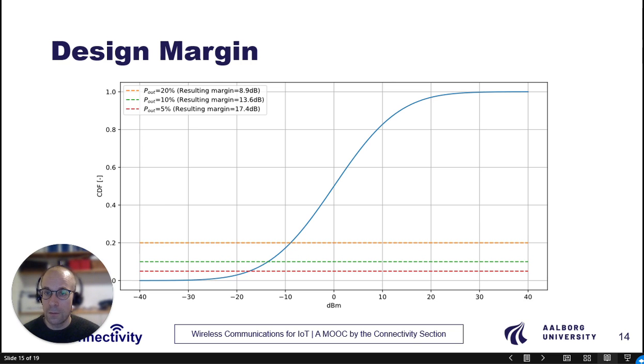If we then also should account for a maximum of 5% of the transmission being below the sensitivity, then we would need to take out the 17 dB additionally from the link budget, creating an even denser infrastructure. And that might not be feasible. So we probably would need to be able to cope with some outage probability.